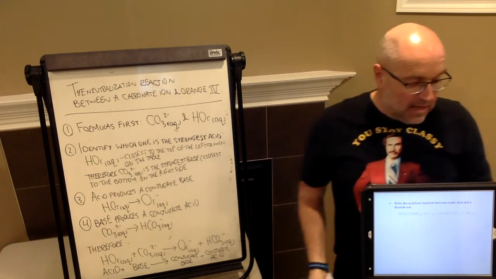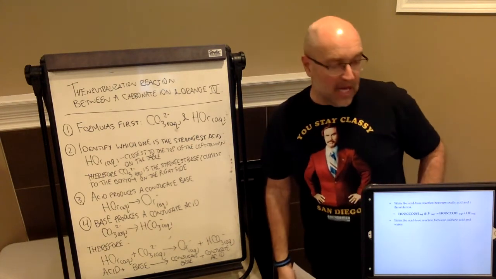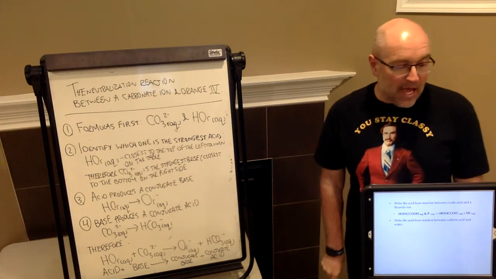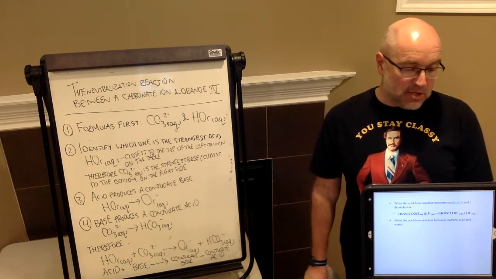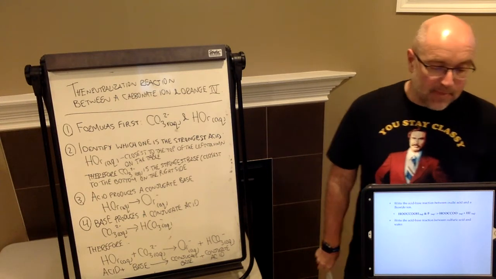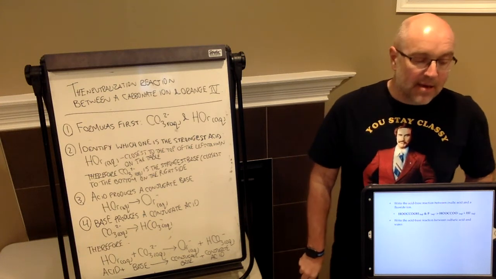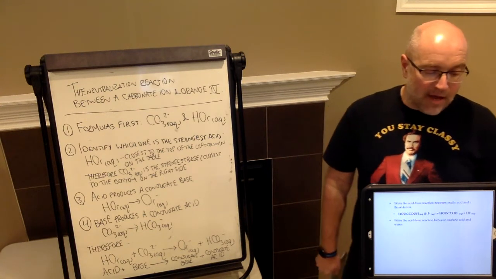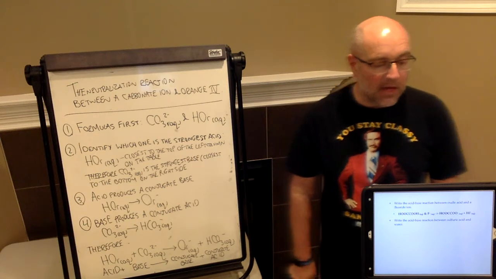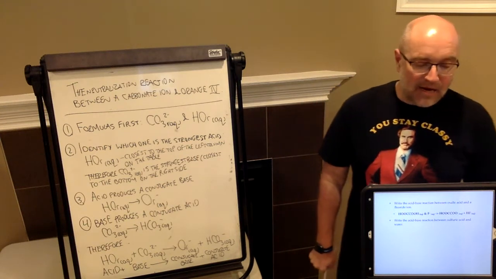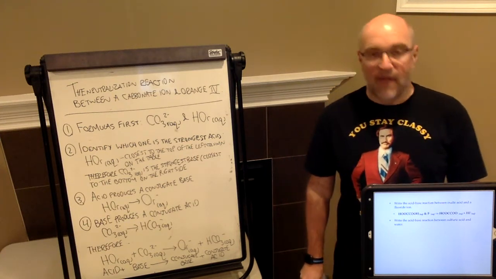So when I'm done, this is what the reaction should look like. I should have HOOCCOOH aqueous, I should say plus, not and, plus F negative aqueous becomes HOOCCOO negative aqueous plus HF aqueous.